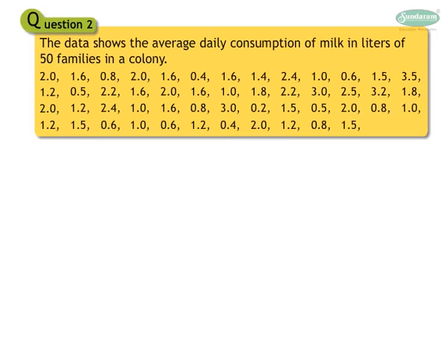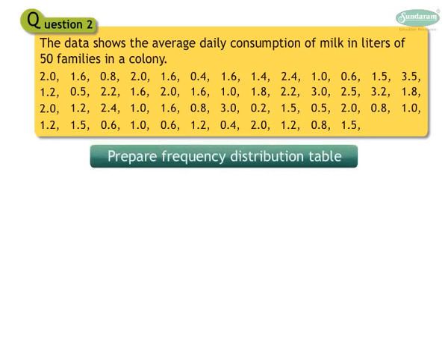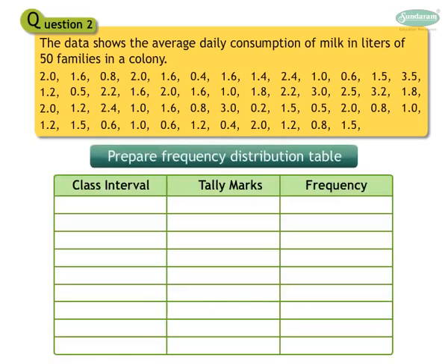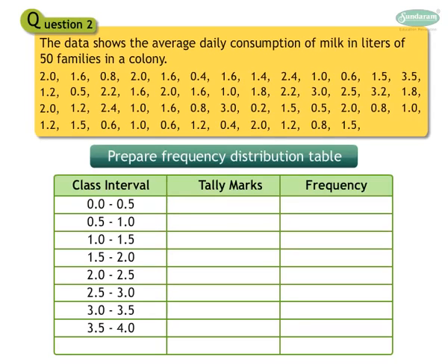Since they are continuous, we need not worry and proceed to prepare the table. Step 2. Draw 3 columns for class interval, tally marks and frequencies. We begin with 0.0 to 0.5 as first class interval and write the next intervals as shown in question. We end with class interval 3.5 to 4.0 since the maximum score is 3.5 liters.